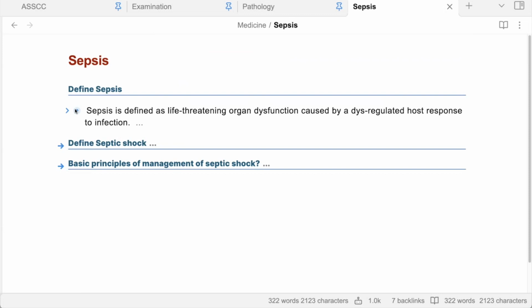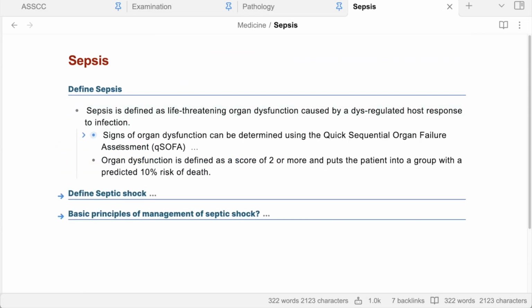Well, as always, I'm sure you got the idea of my notes so far. The first line is the most important line, right? What I'm going to add now, you can mention in the exam. The signs of organ dysfunction can be defined by the qSOFA score. The reason I mentioned qSOFA in the second line is that it's a bit old, not recent.